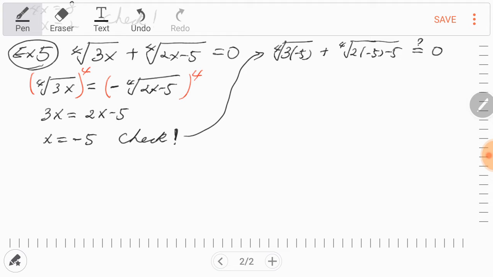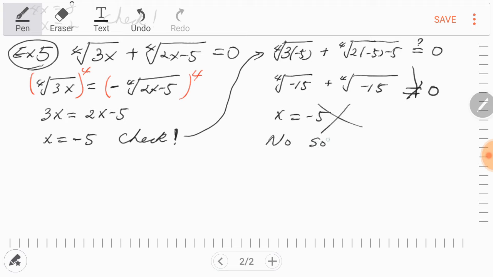Let's check it out. The left side of the equation is the 4th root of negative 15 plus the 4th root of negative 10 minus 5, which is negative 15. And the sum of these two, is it equal to 0? No, right? Not equal to 0. So negative 5 is not a solution. So there is no solution.